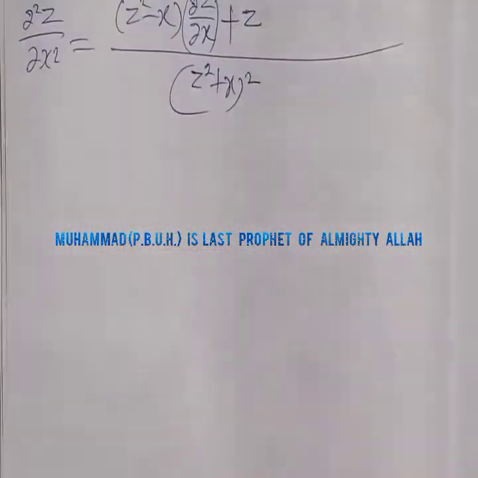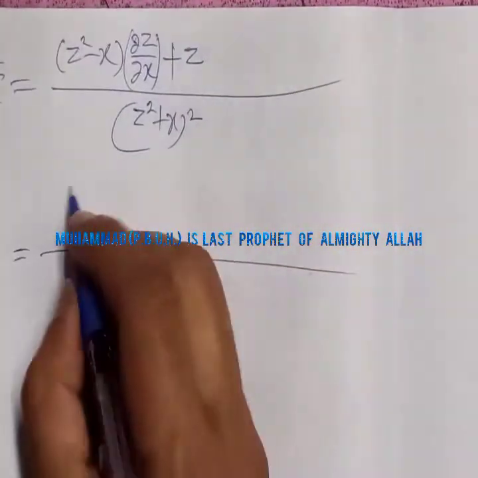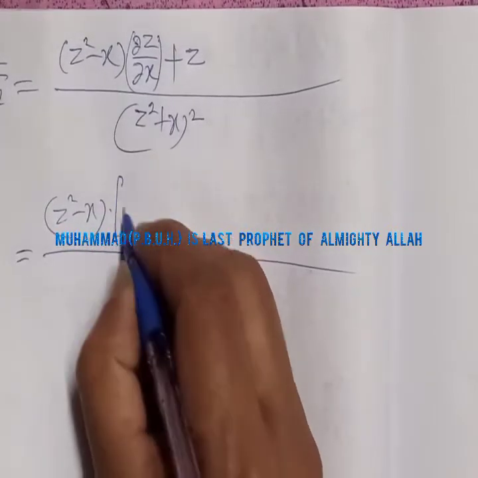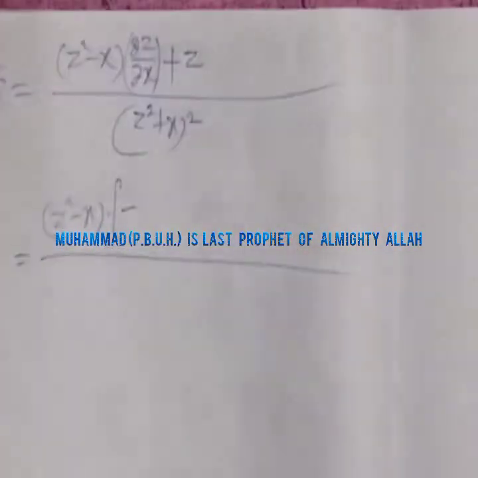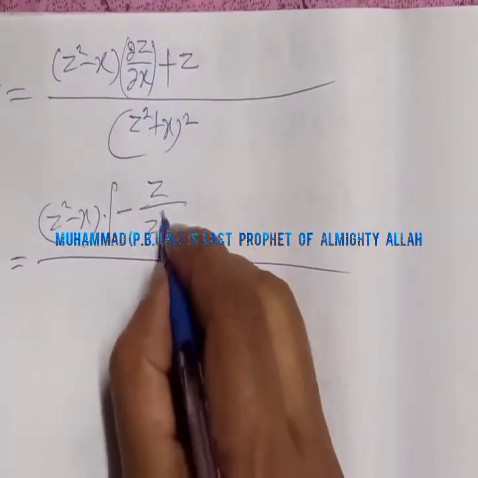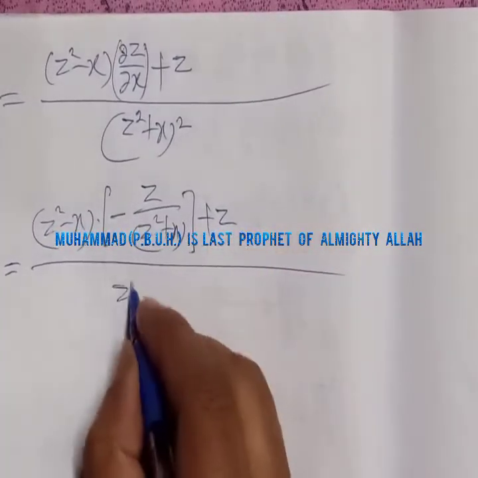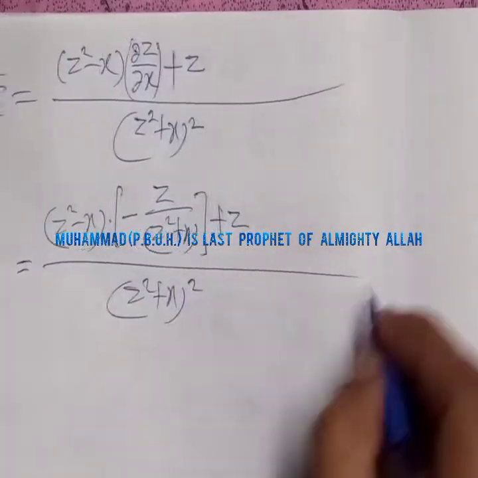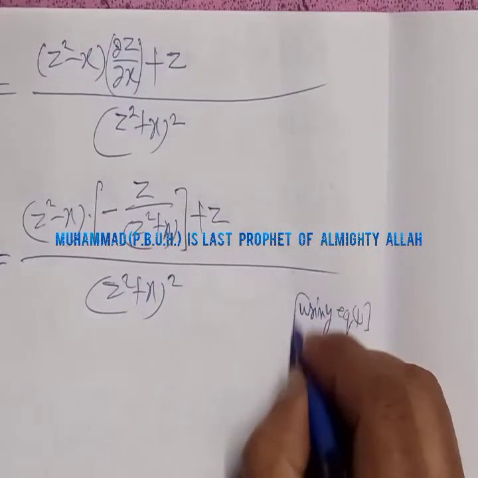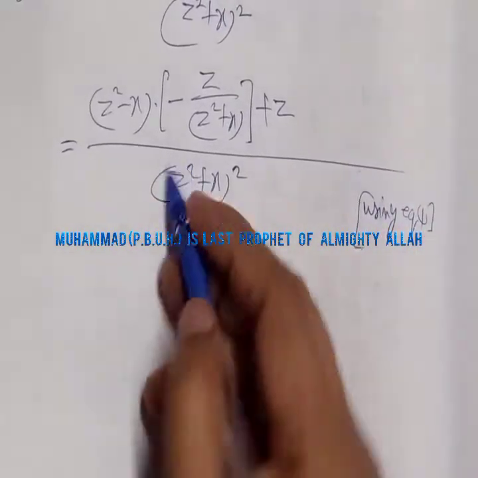So I write from equation number 1, z square minus x, its value of del z over del x from equation number 1, which is equal to minus z upon z square plus x, plus z upon z square plus x whole square. We use equation number 1 here.